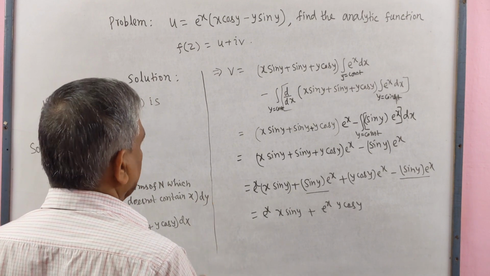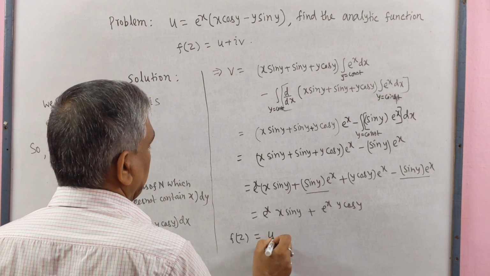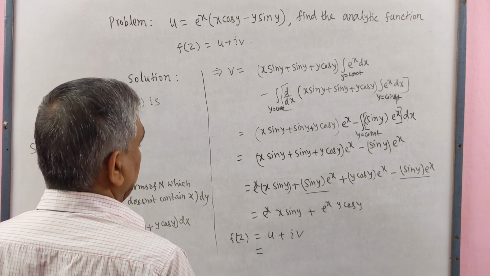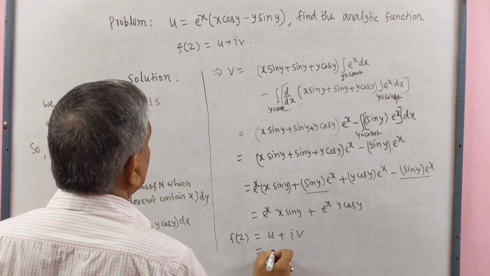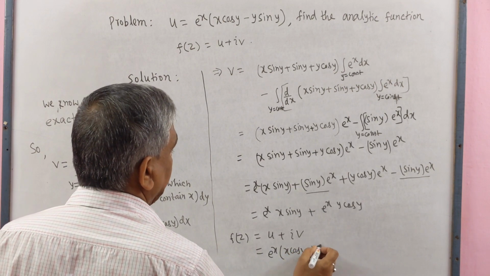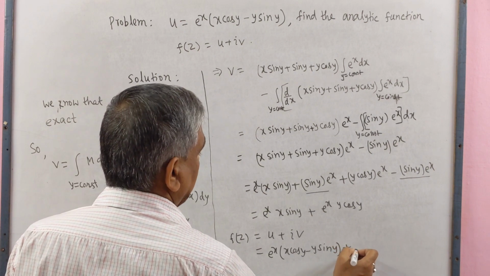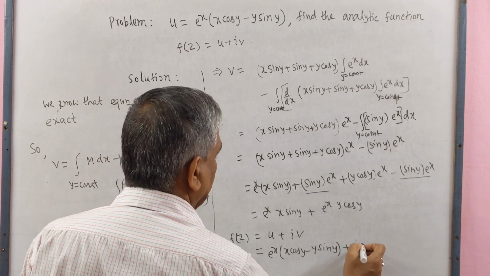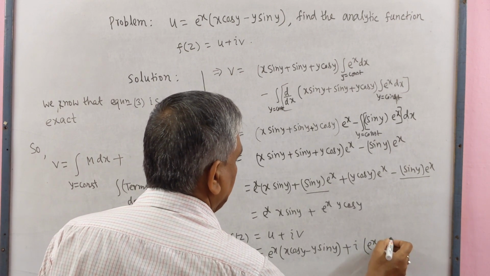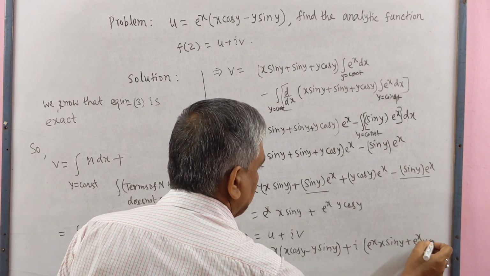Now we put f(z) equal to u plus iv. The value of u is e^x (x cos y minus y sin y), plus i times v, where v is e^x (x sin y plus y cos y).